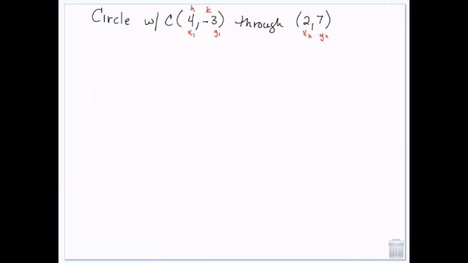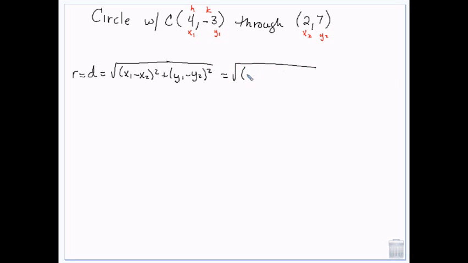Okay, so first we have to find the radius, which is equal to the distance, which is the square root of x1 minus x2 squared plus y1 minus y2 squared. So I have the square root of 4 minus 2 and negative 3 minus 7.